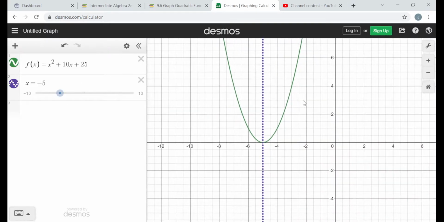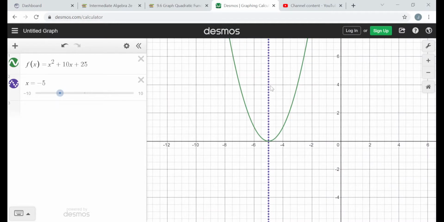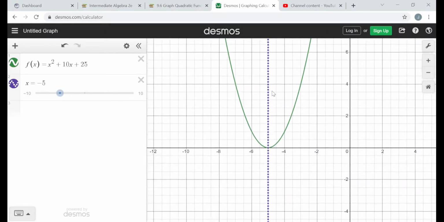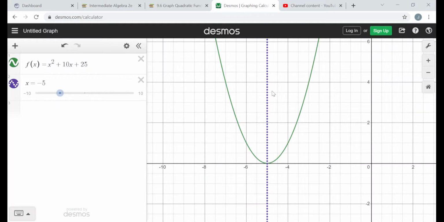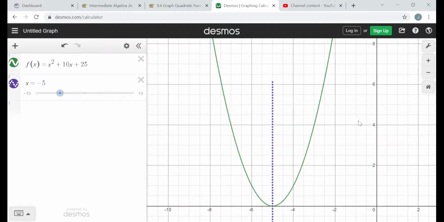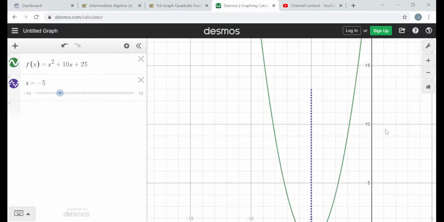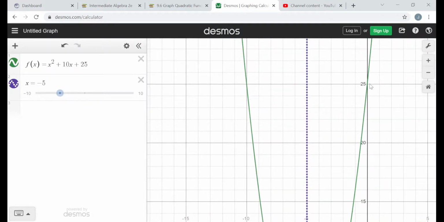Right, do you see the symmetry around this purple line here? And there's the vertex, (-5, 0), the lowest point on this parabola that's opening up. And then if I scroll up, remember that other point I plotted was (0, 25), right, (0, 25).